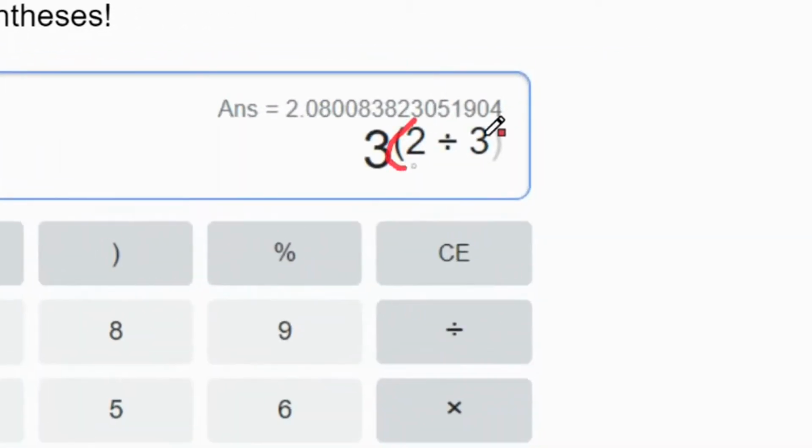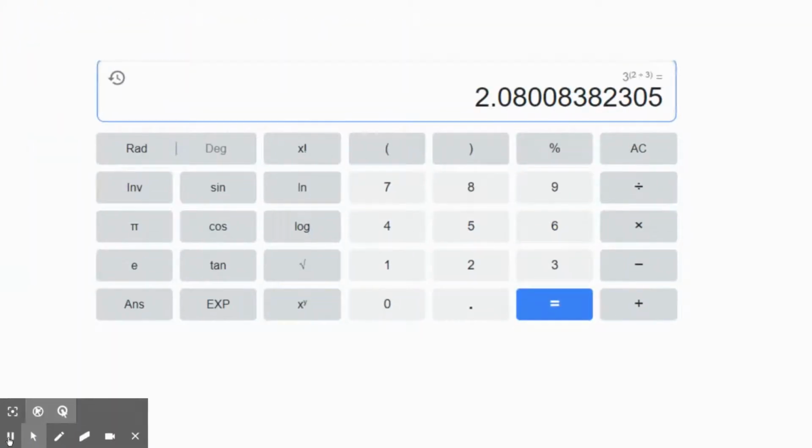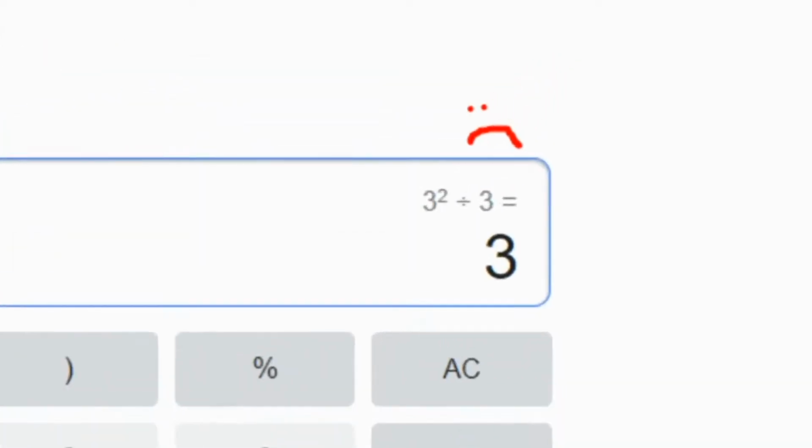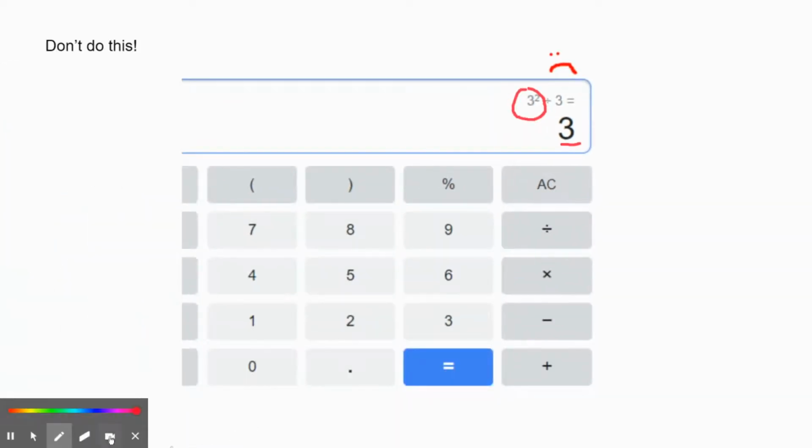But make sure to use those parentheses. And there's your final answer of 2.08. This is what you should not do. This is the answer if you don't use the parentheses, if you decide to just raise 3 to the 2 divided by 3 power without the parentheses, you'll get 3 as your answer, which is incorrect.